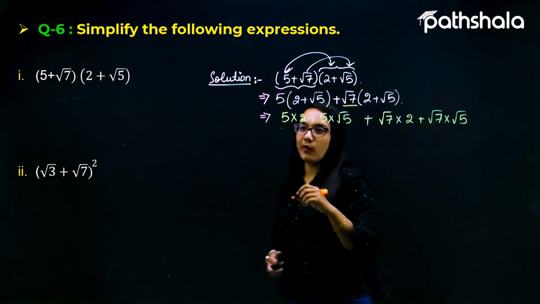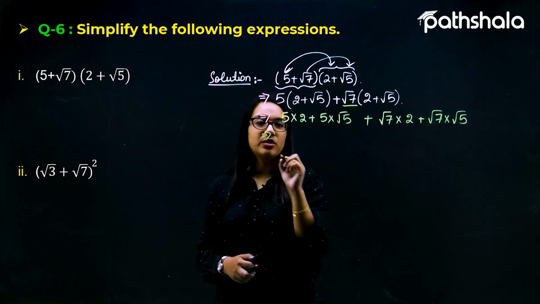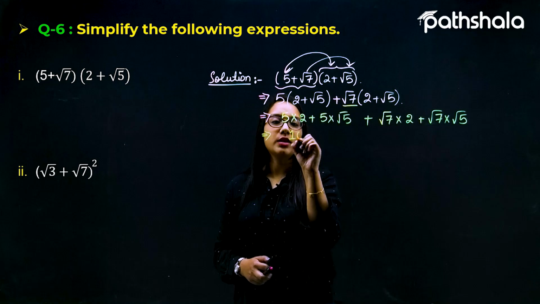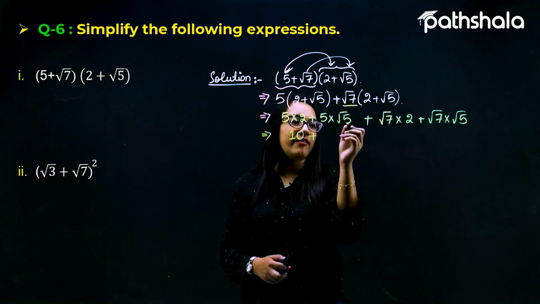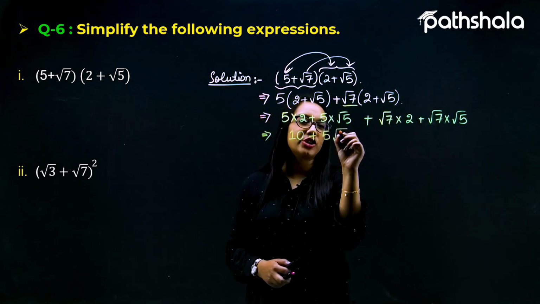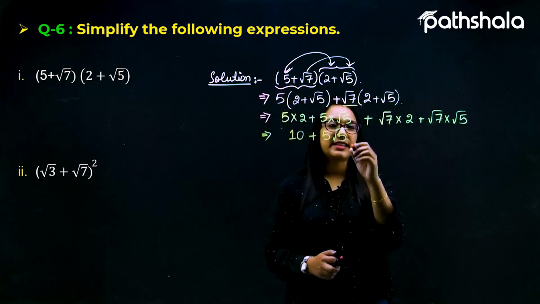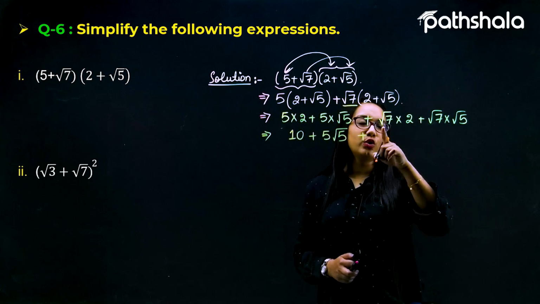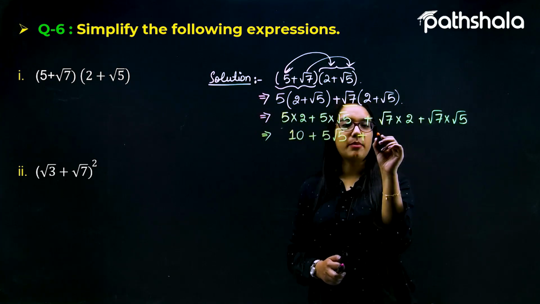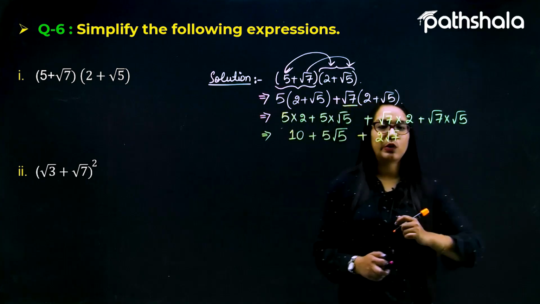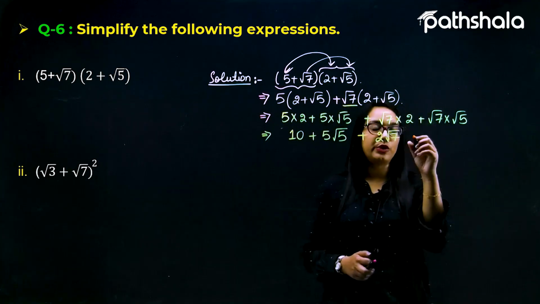Now multiply all the numbers together. Multiply a rational with a rational: 5 × 2 is 10. Plus 5 × √5, a multiplication of a rational and an irrational results in an irrational, so it remains the same. Plus 2 × √7, a rational and an irrational number, so 2 remains the same and √7 remains the same because they cannot be multiplied to each other.